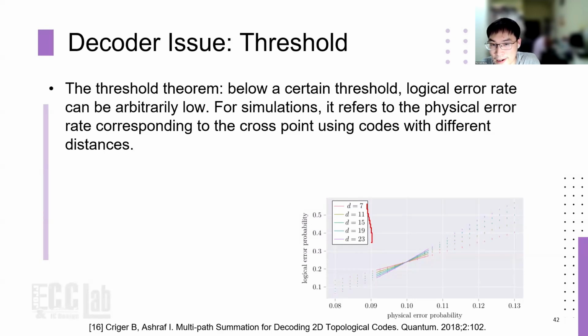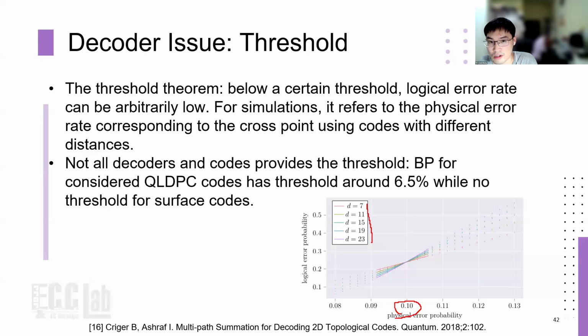Using minimum weight perfect matching, it yields a threshold around 10%. However, not all decoders or codes provide a threshold. For example, BP for quantum LDPC codes has a threshold around 6.5%, while there is no threshold for the surface code. So improving BP or other decoders to have a threshold for topological codes is also important.